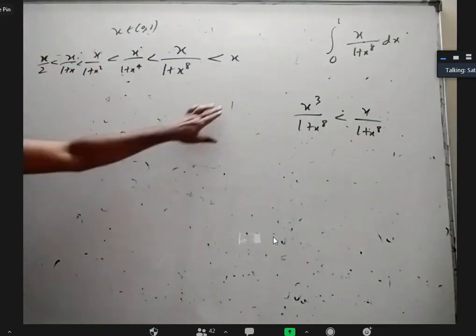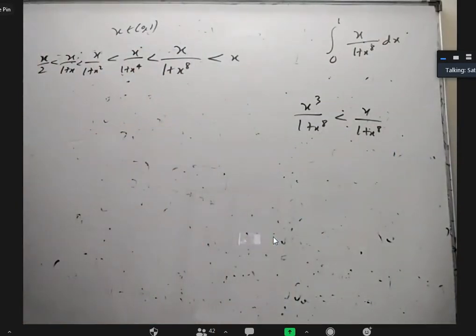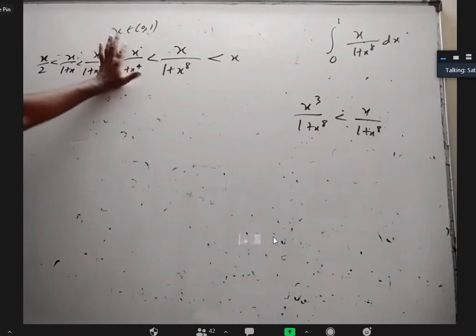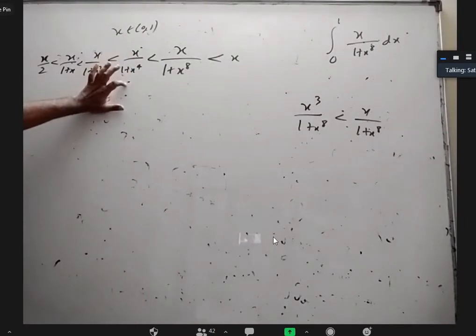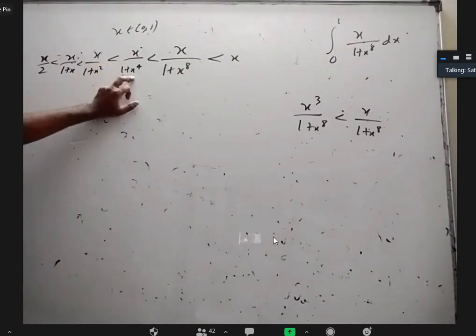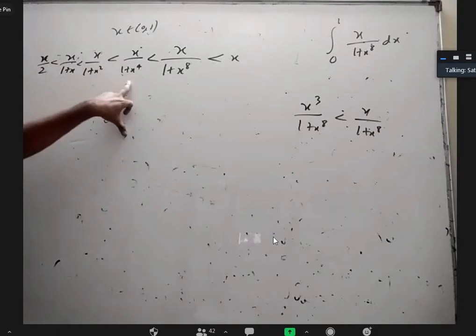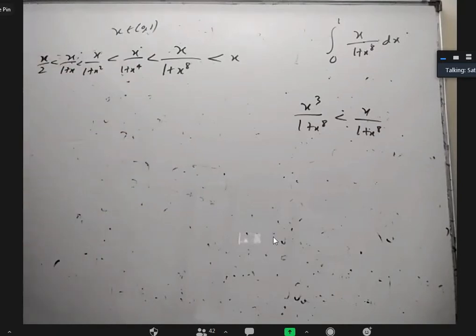Anyway, I am looking for something that will give me pi by 8. Because of x squared, with tan inverse of x squared, I'll get pi by 8. So I can say my integral is more than pi by 8.